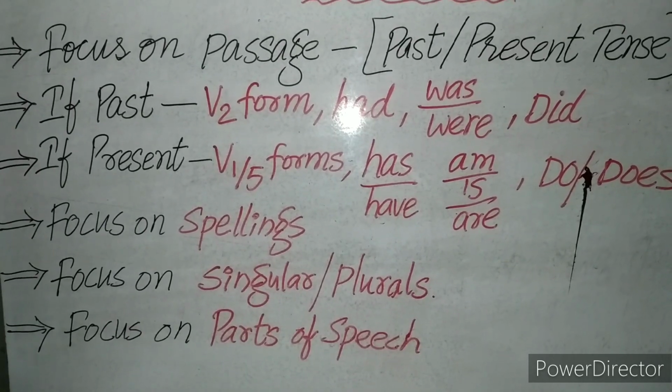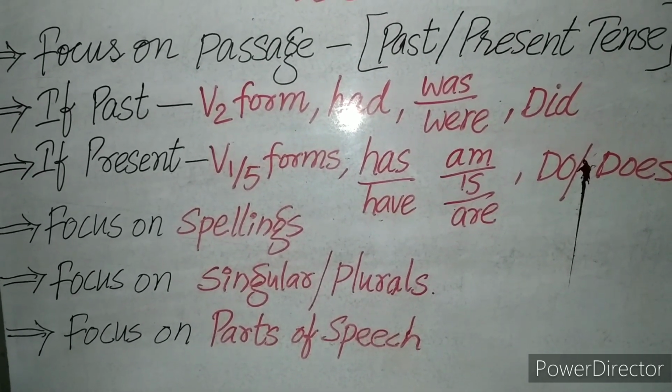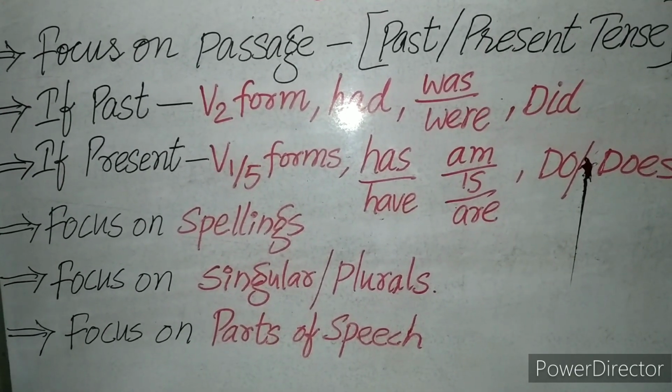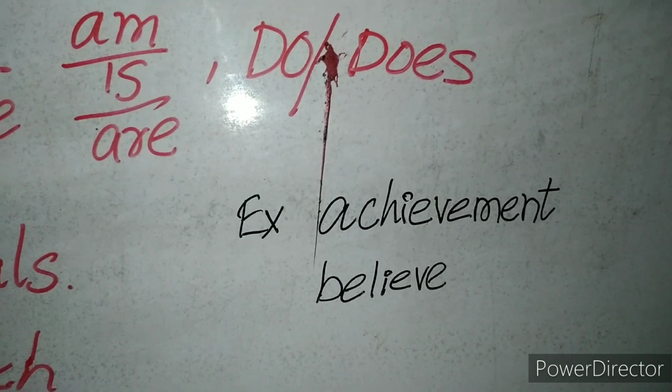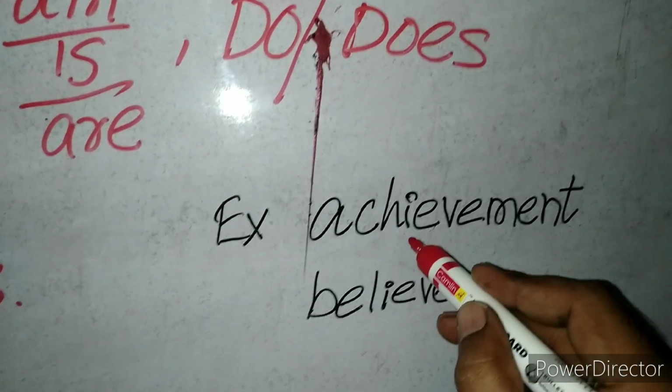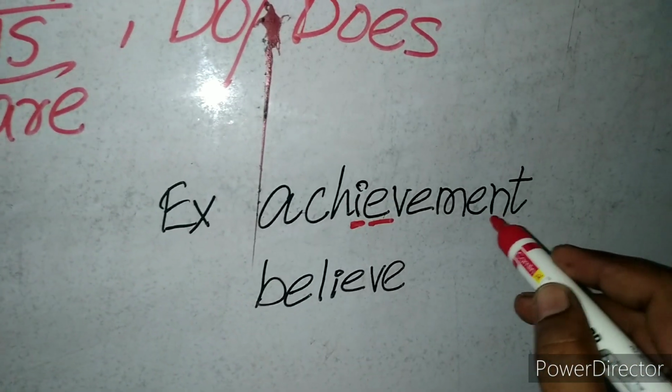Then you have to focus on spellings. There are some confusing spellings. For example, achievement: in achievement, the letters I and E come in this order. This is the correct spelling.